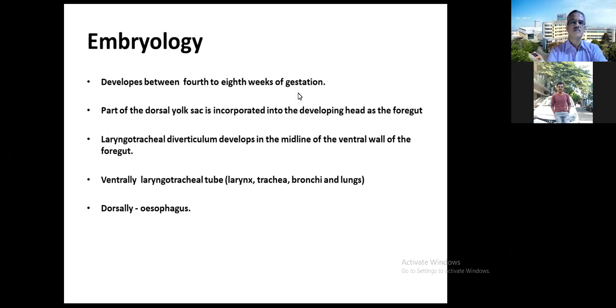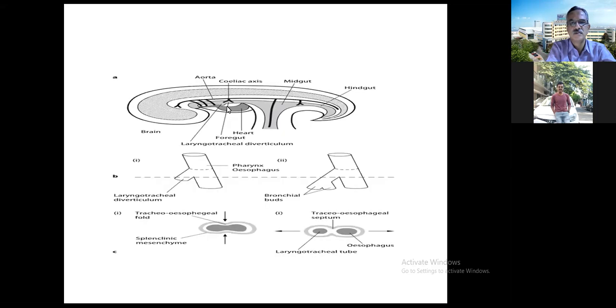So, beginning with the embryology of the esophagus, unlike the rest of the GIT, the esophagus starts to develop between the 4th to 8th week of gestation when gastrulation occurs, in which part of the yolk sac is incorporated into the developing head. In this image, we can see the formation of the esophagus.